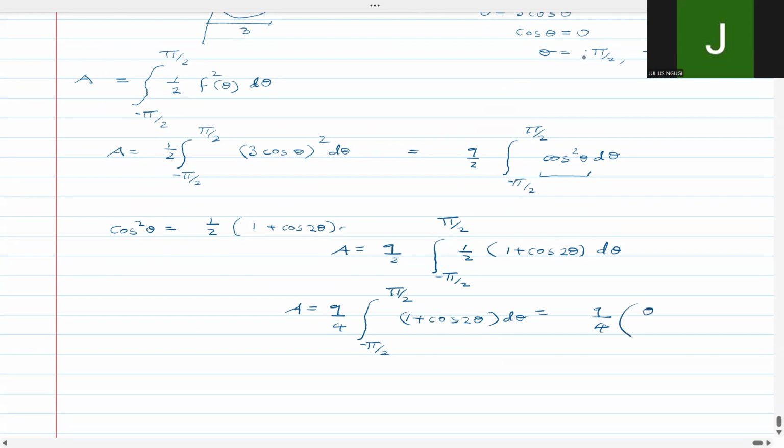The integral of cosine of 2 theta is sine of 2 theta divided by 2. And the limits of integration are minus pi over 2 to pi over 2. So simplifying using the fundamental theorem of calculus, you have that the answer is 9 over 4 pi. That's the end of the review quiz.